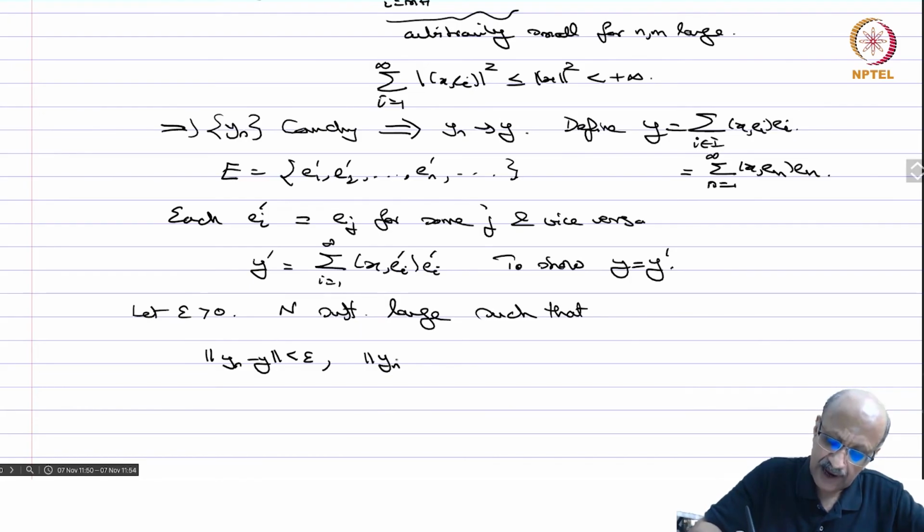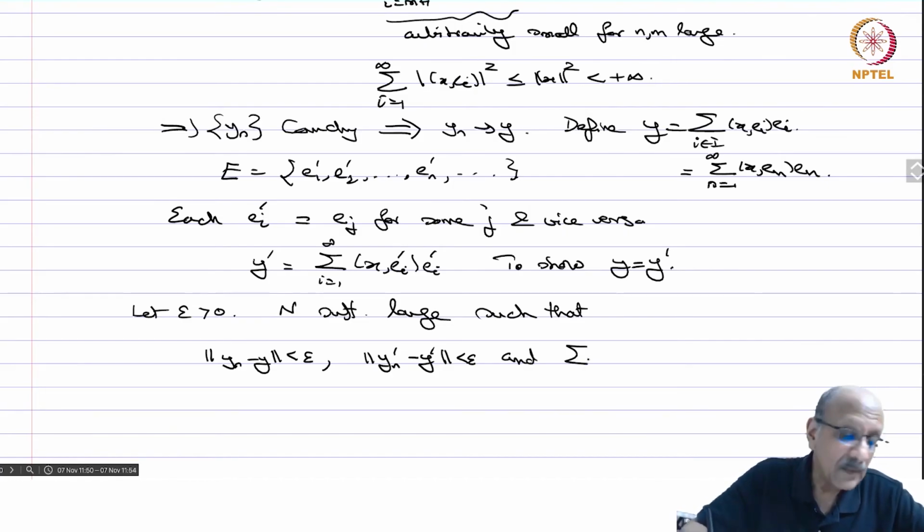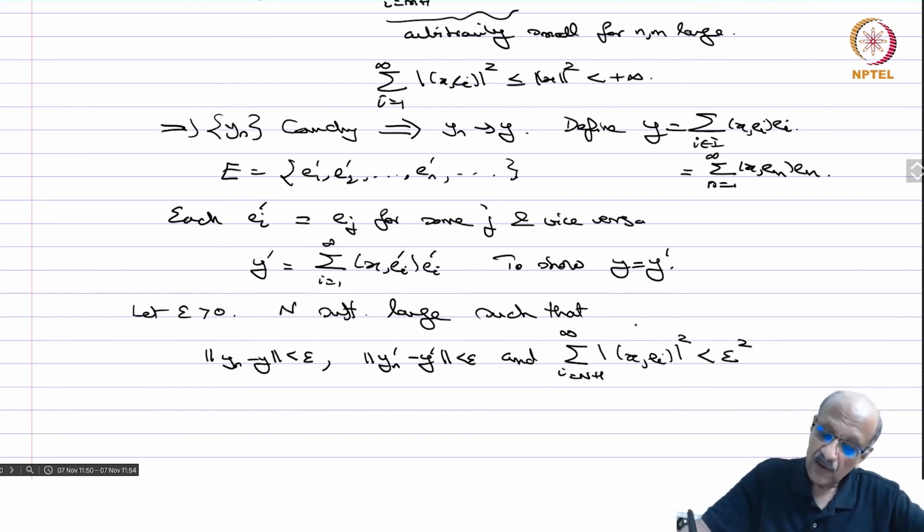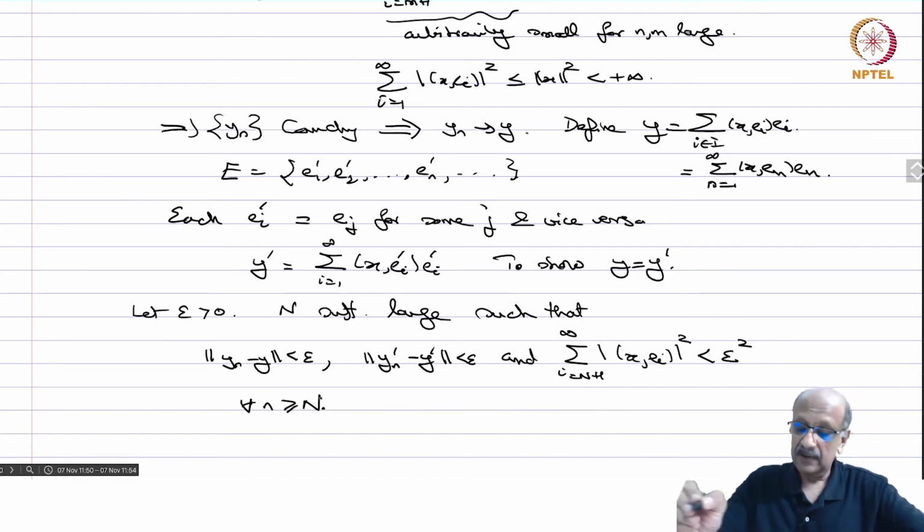Norm of yn dash minus y dash should be less than epsilon, and sigma i equals n plus 1 to infinity mod x ei square should be less than epsilon square for all n greater than or equal to capital N. Okay, now this is possible.